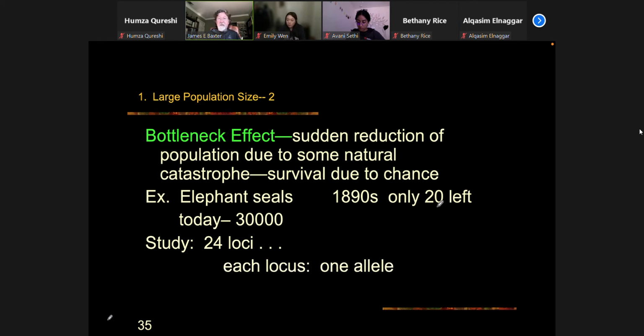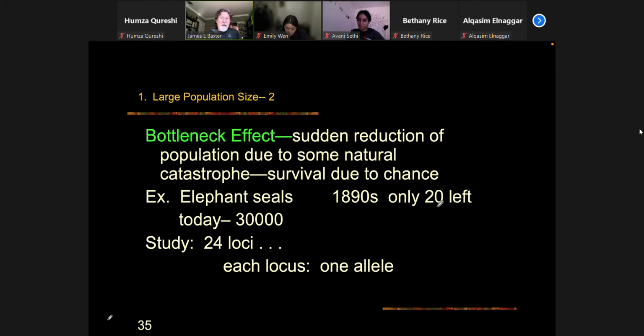For each of these enzymes, they didn't sample 30,000 seals, but they took a large enough sample of blood, looking for these 24 different enzymes and finding out how many isozymes, how many different versions of each protein, there were. They only found one allele at each of these 24.